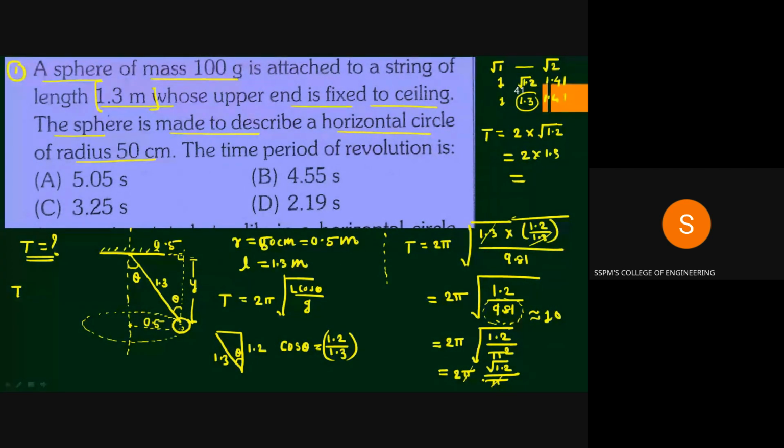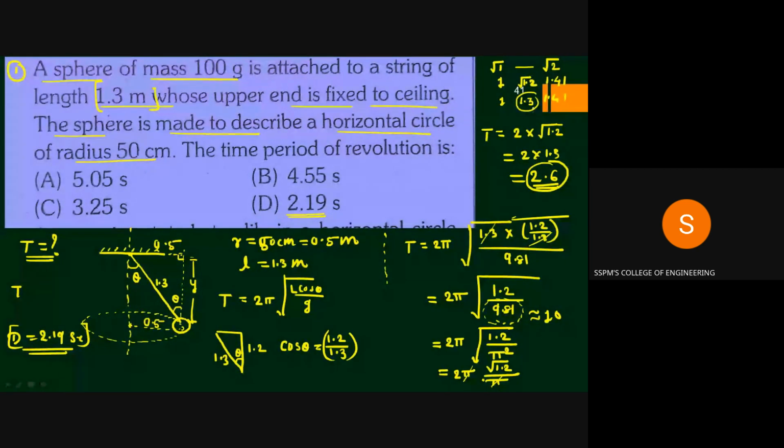If you solve this, you will get the answer as 2.6. Now check the answer which is close to 2.6. So the correct answer here is 2.19 second, which is very close to 2.6. So for this problem, the answer is D. This is 2.19 second.